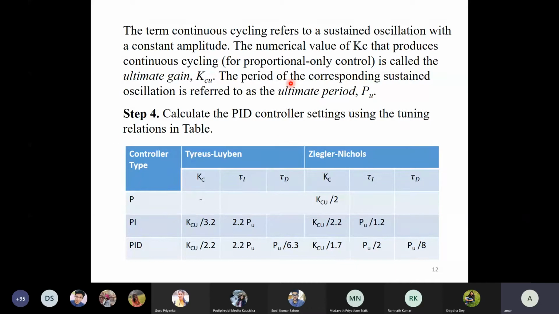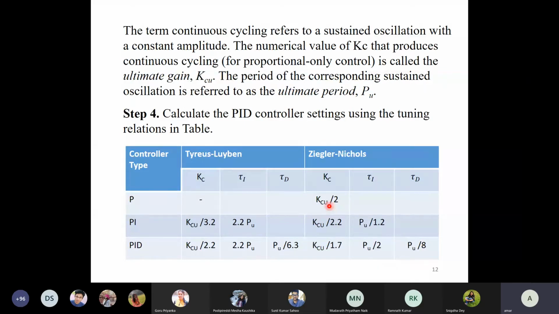So based on this Kcu and Pu, Ziegler-Nichols has given these correlations, but these correlations are pretty aggressive. If I use these tuning parameters based on Ziegler-Nichols, they become pretty aggressive, and in some cases the actual process may destabilize, because the robustness is not there.